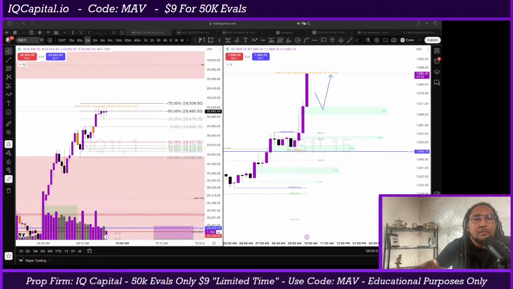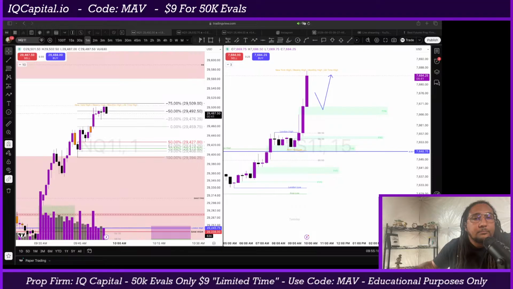Starting to see a little push there on NQ. Looks like NQ is trying to pull back now.